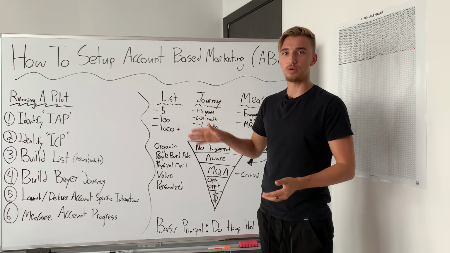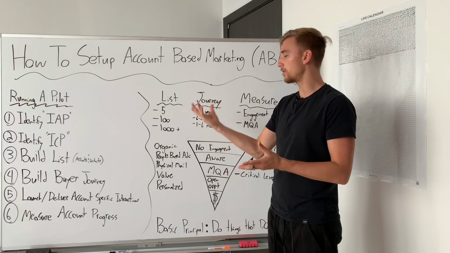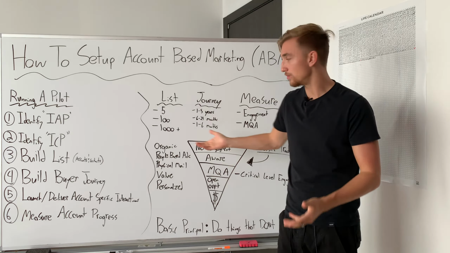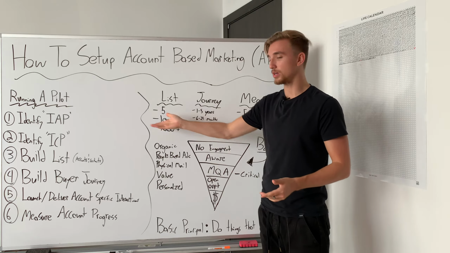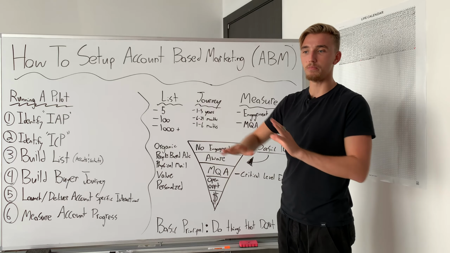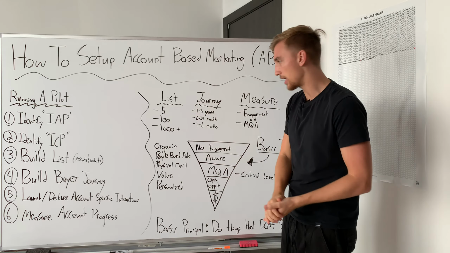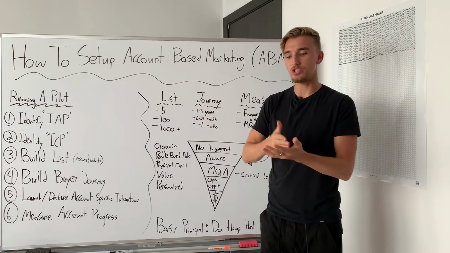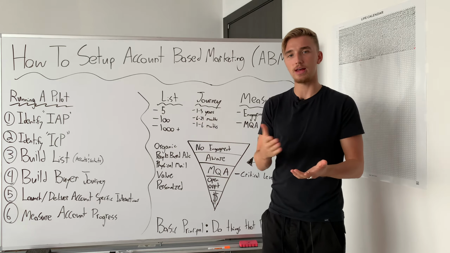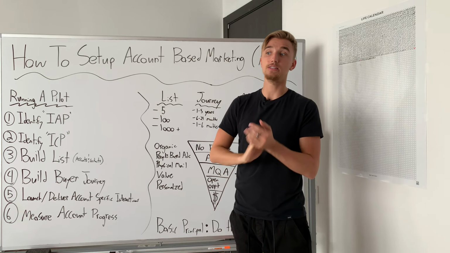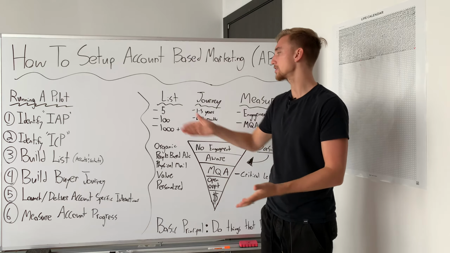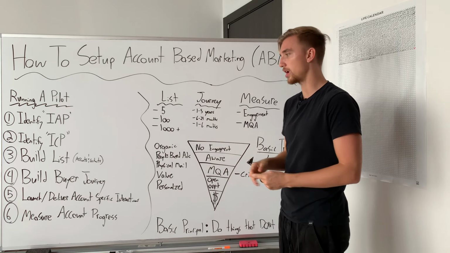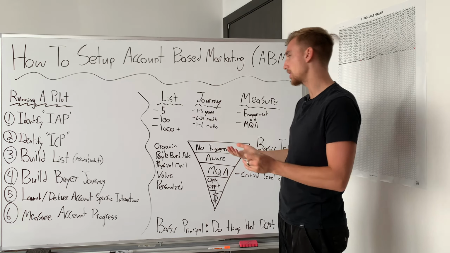You want them to be worth a huge dollar amount or a huge lifetime value ticket, etc., because it's going to take you a long period of time to be able to convince these people to work with you, since they are higher profile, higher ticket accounts. So we're building the list, and we're not only building a list of 100 accounts, but each account has 3 to 5 to 10 to even 15 contacts within that account that we're going to be going after one-on-one with custom content and advertising and different things.